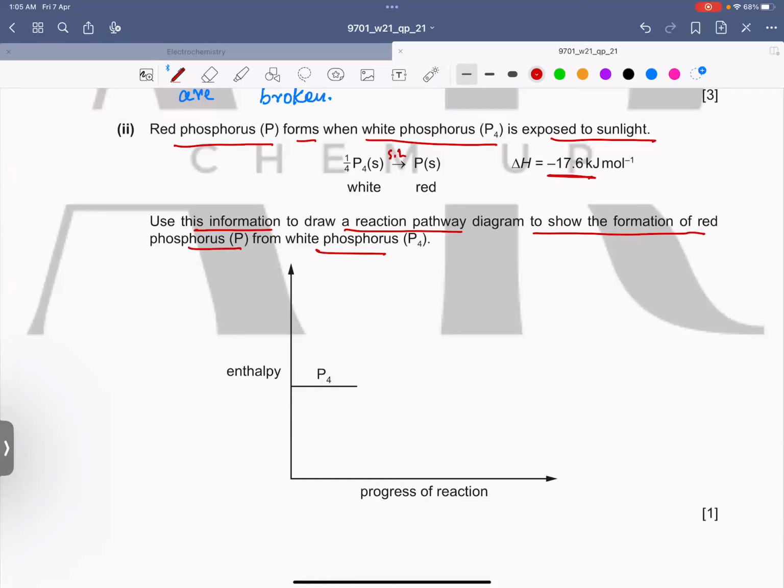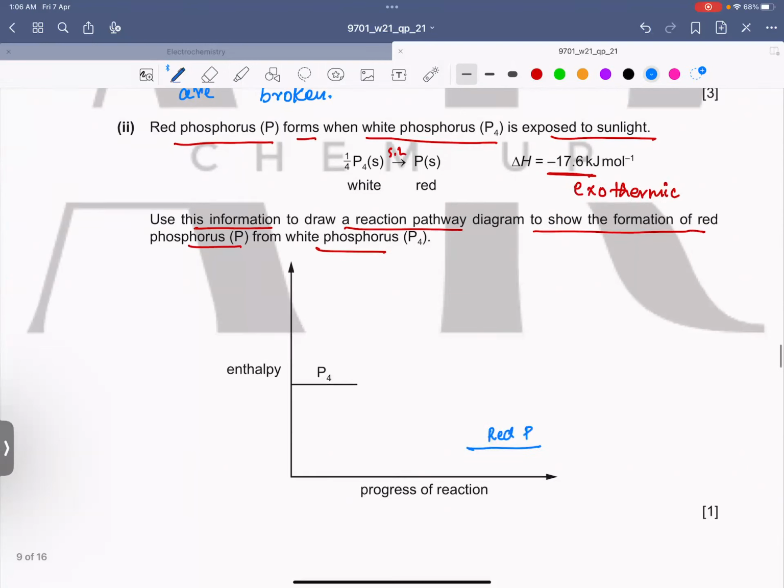See over here that the delta H is negative, which means it's exothermic, right? So if it's exothermic, the energy is being released, which means the red phosphorus which is formed has lower energy, and then we will make the arc like this.